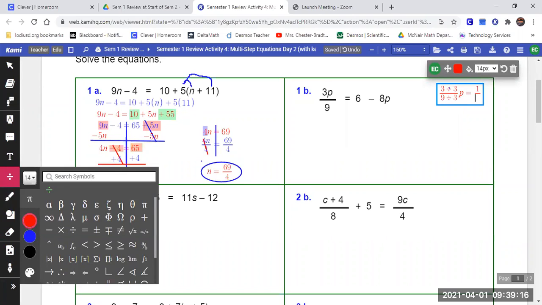So I have a 1/3 P. So I'm rewriting this fraction they gave me in the simpler form right away. Okay. We're doing that first. 1/3 P has to equal the 6 minus the 8P.